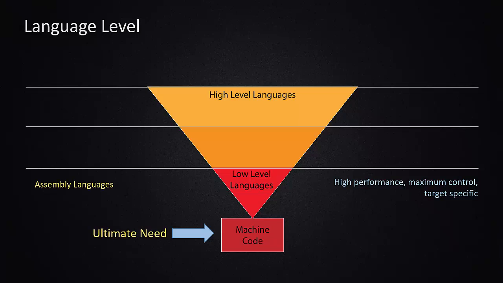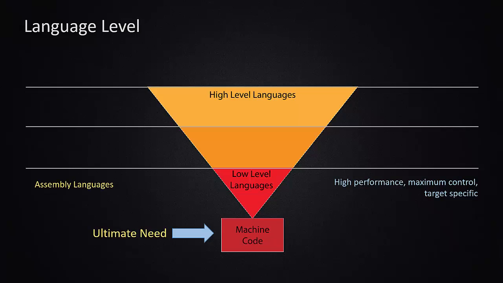They give you direct maximum control over the machine, and they are target specific, meaning that if you write an assembly language for an x86 processor, you cannot simply port that over to an ARM processor or some other RISC processor. The instruction sets are different, and therefore the assembly languages are different. They're also not exactly human readable.